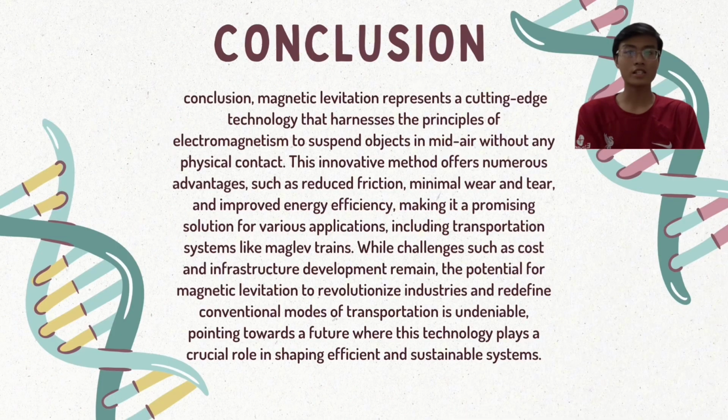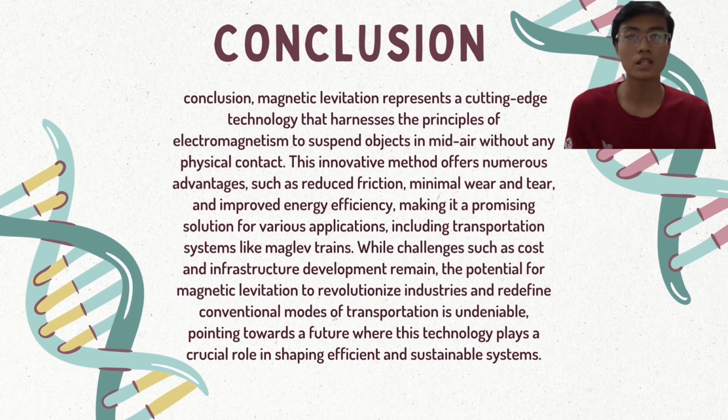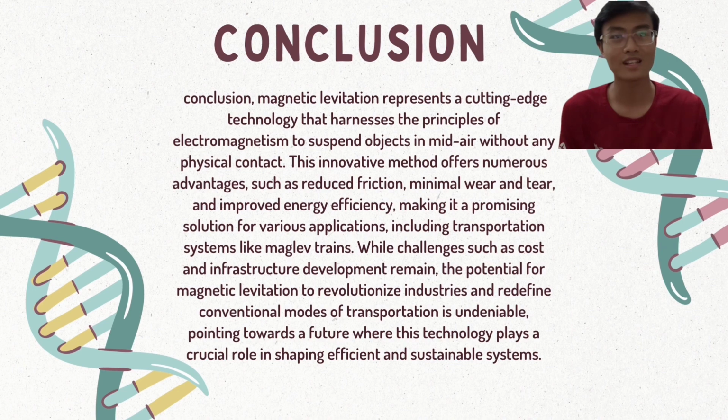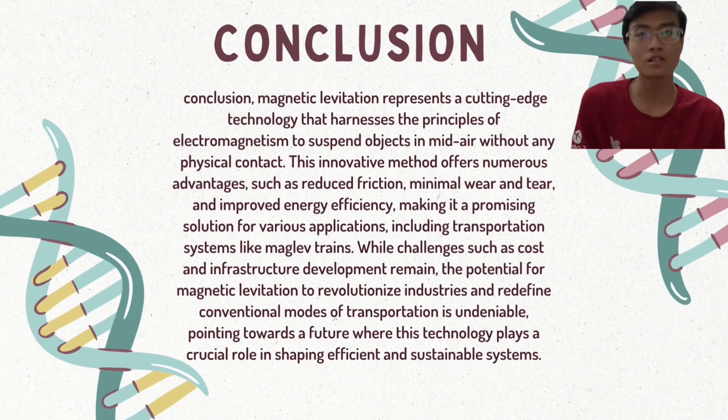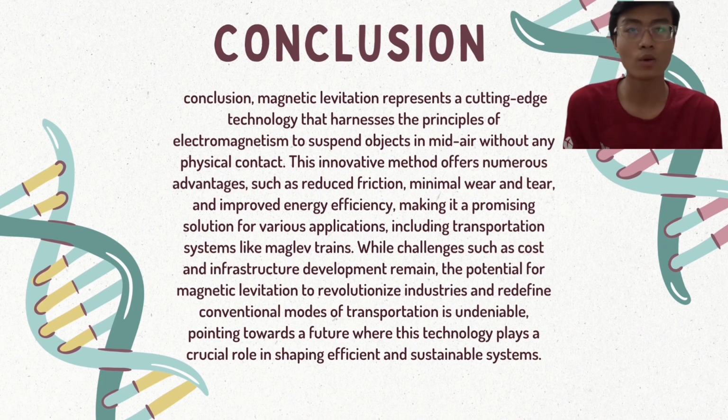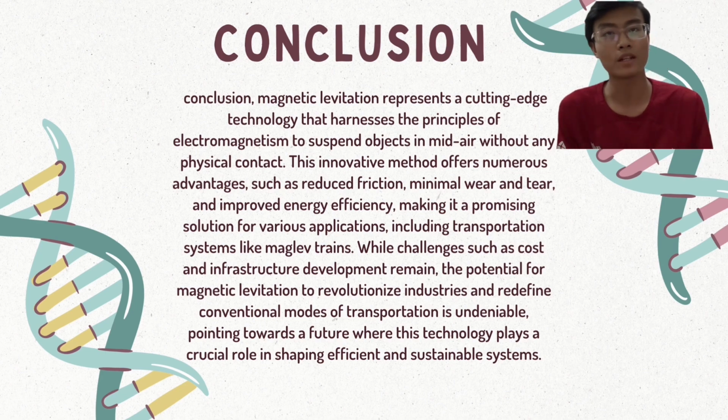Conclusion: magnetic levitation represents a cutting-edge technology that harnesses the principles of electromagnetism to suspend objects in mid-air without any physical contact. This innovative method offers numerous advantages such as reduced friction, minimum wear and tear, and improved energy efficiency, making it a promising solution for various applications, including transportation systems like maglev trains, while challenges such as cost and infrastructure development remain.